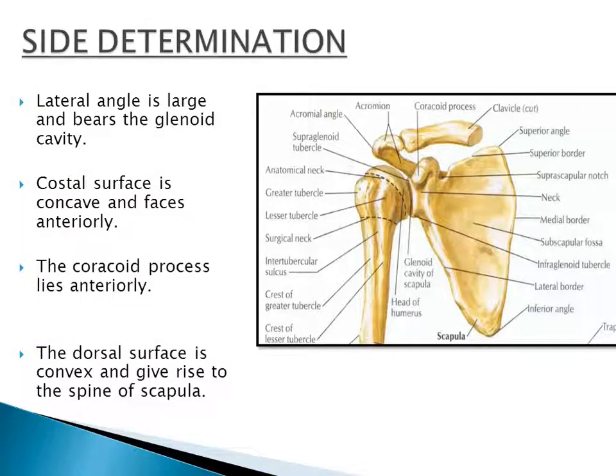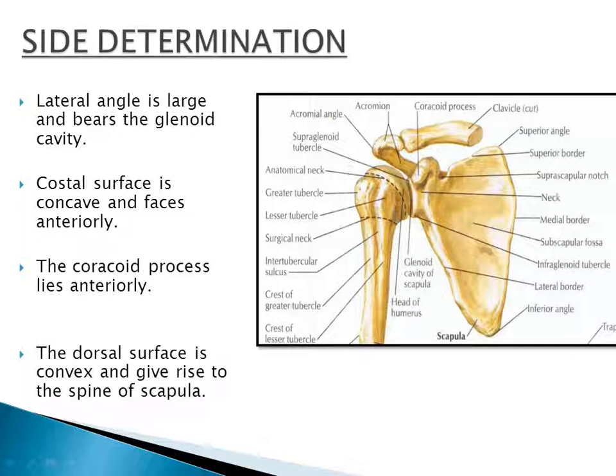Now, how will you determine whether this scapula belongs to the right side or the left side? You should know a few features. You should memorize some features. The first important feature is that this triangular bone, you remember, has three angles, three processes, three borders, and two surfaces. The lateral angle is large and it bears the glenoid cavity. It should face laterally.